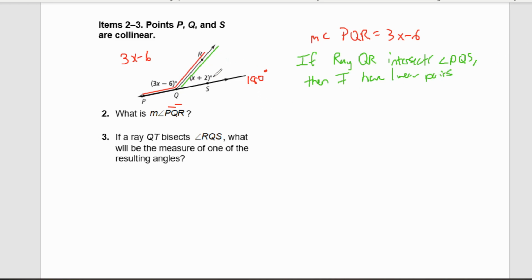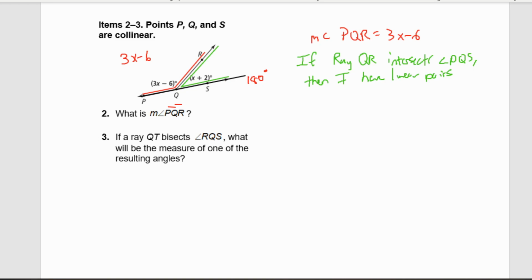Because these two new angles added together will take me 180 degrees to get from P to S. So what this tells me is if I take RQS in green here, and I add it to PQR in red, I'll get my angle PQS, which is a straight line at 180 degrees.